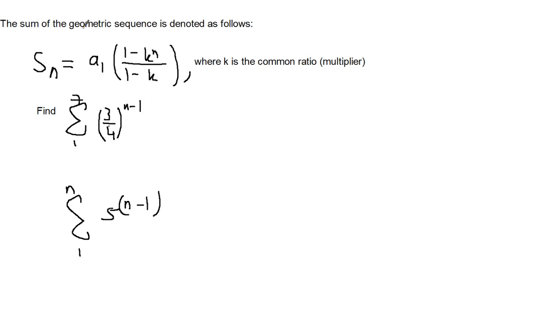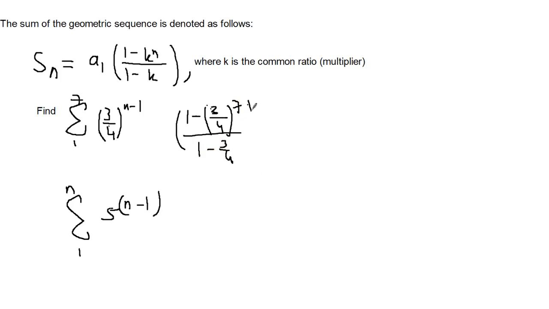So the sum of the geometric sequence is denoted as follows: a sub 1 times 1 minus k to the n over 1 minus k. And as you can tell, all of these have n minus 1s on them. So we can just do this simply. 1 minus 1 is 0. 0 to 3, that's just 1. So we don't have to have anything here. 1 minus 3/4 to the 7th power over 1 minus 3/4.